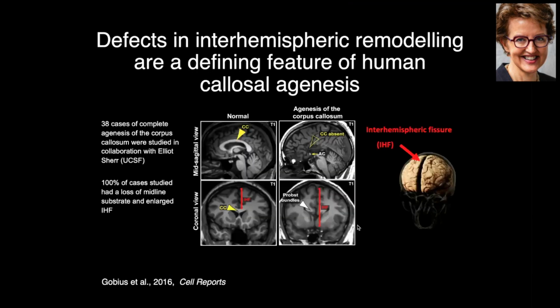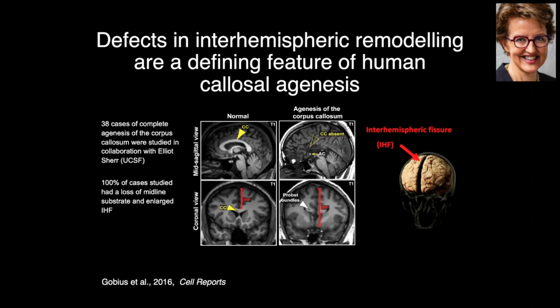Firstly, we looked at Elliott's database of scans of people with callosal agenesis. And we found, in fact, that in 100% of the cases, there were 38 cases, this interhemispheric fissure, so here's the fissure here, in an adult brain, persists in people with agenesis of the corpus callosum, and that this open septal leaf phenotype is 100% correlated with complete agenesis.